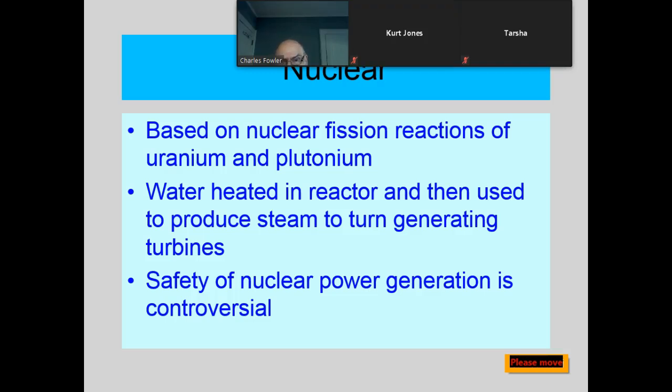Uranium, plutonium, they're big atoms. And when you hit those with too many neutrons, then they become unstable and they split. And when they do, they give off incredible amounts of energy. But they give off incredible amounts of radiation too. And there's no atmosphere to block it because that's in our atmosphere.